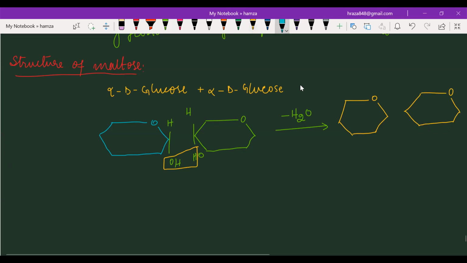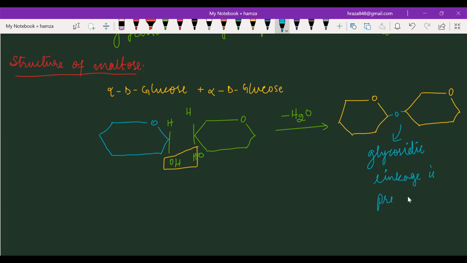You only have to focus on the glycosidic linkage. You can show H or not show H. This is called the glycosidic linkage.